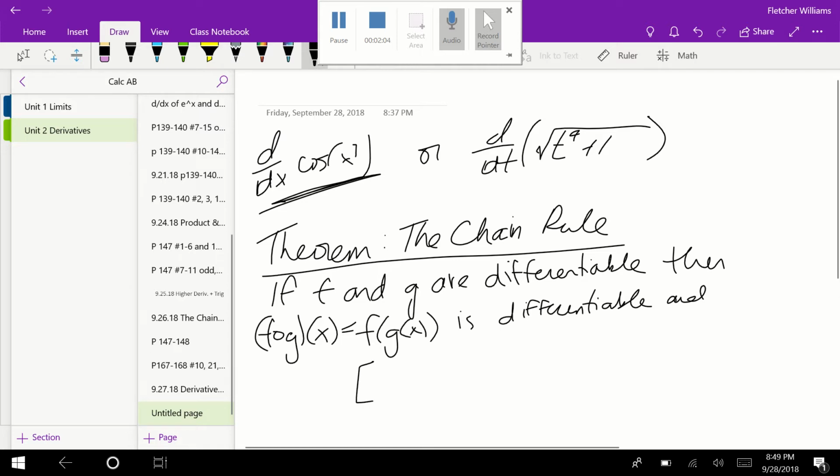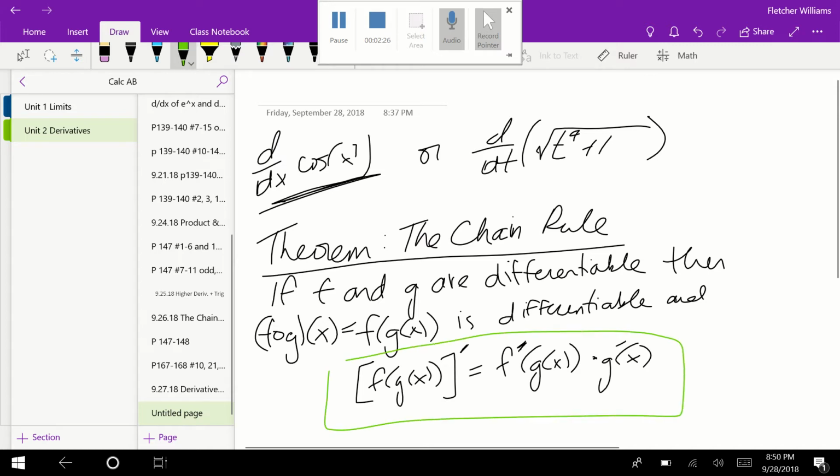And the derivative of the composition f of g of x is given by f prime of g of x times g prime of x. That is our chain rule.